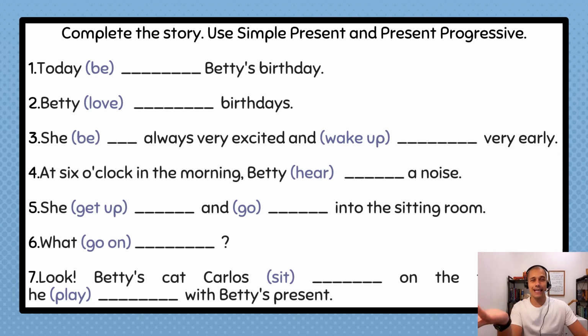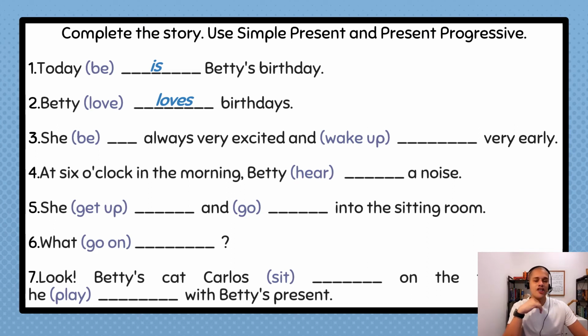No, today is someone's birthday. Hoje é o aniversário de alguém, right? So today is Betty's birthday. Betty, it's a fact. A person loves something or doesn't love something. So Bet loves birthdays. All right.